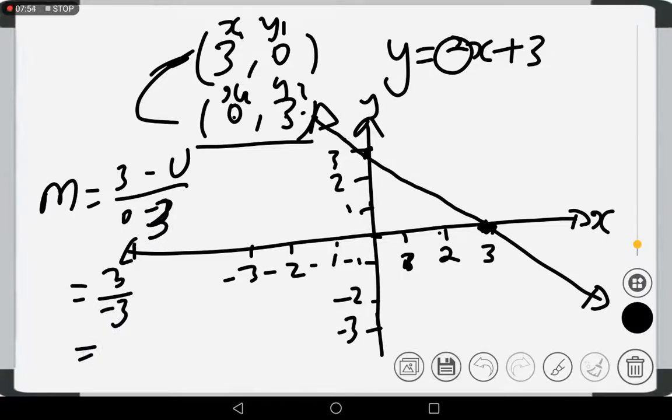Minus 3 divided by minus 3 gives us minus 1, which is exactly the one there. So you connect the dots like that. That's how you draw a straight line diagram.